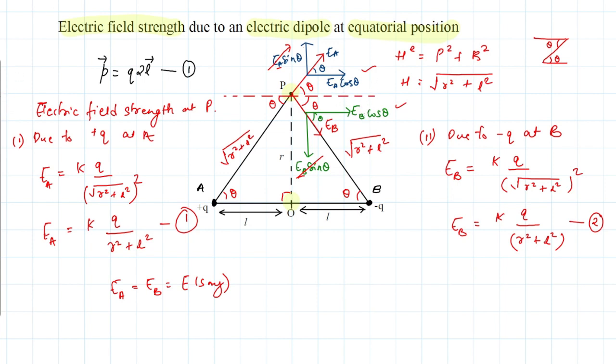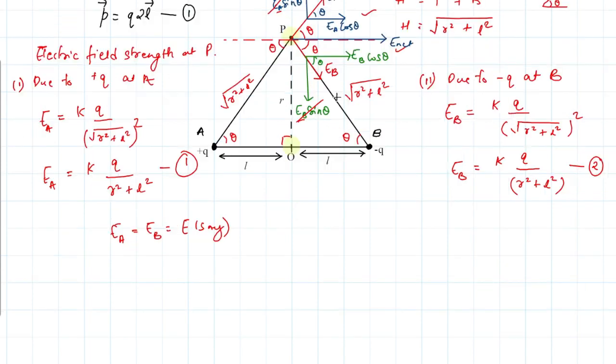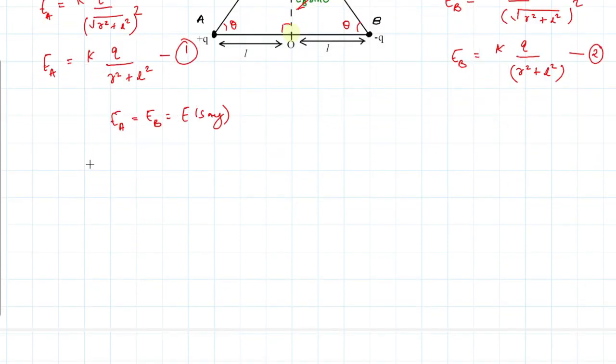The net electric field will also be directed in this direction, the direction of EA cos theta and EB cos theta, and E net can be obtained by the sum of EA cos theta and EB cos theta.